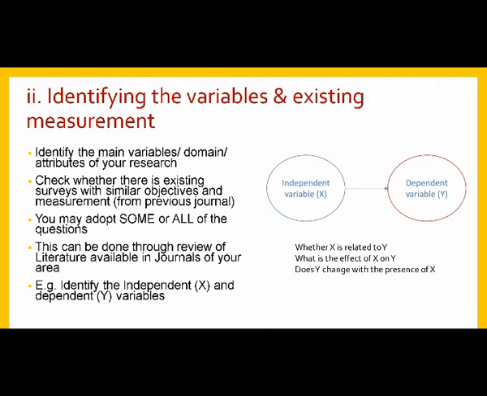If yes, you may adopt some or all of the questions based on the requirement of your research objective. Let's say there is none. You need to develop a new instrument from the previous literature. All of this can be achieved through a rigorous literature review.